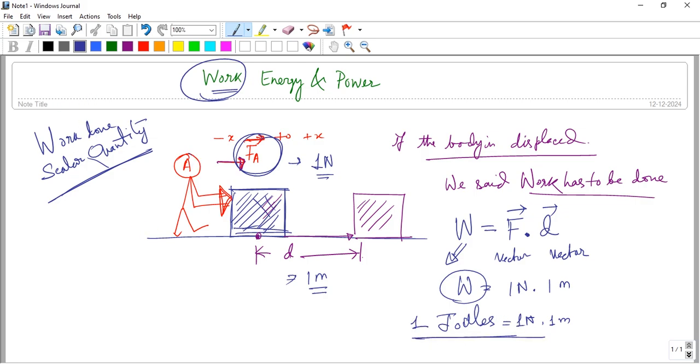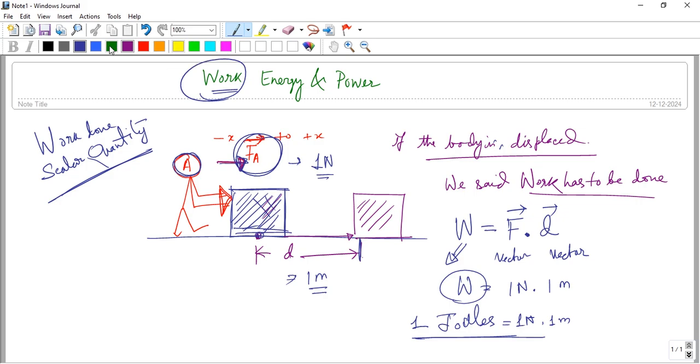When a person applies a force, if the body gets displaced, we say the work has been done. Displacement is also a vector quantity.